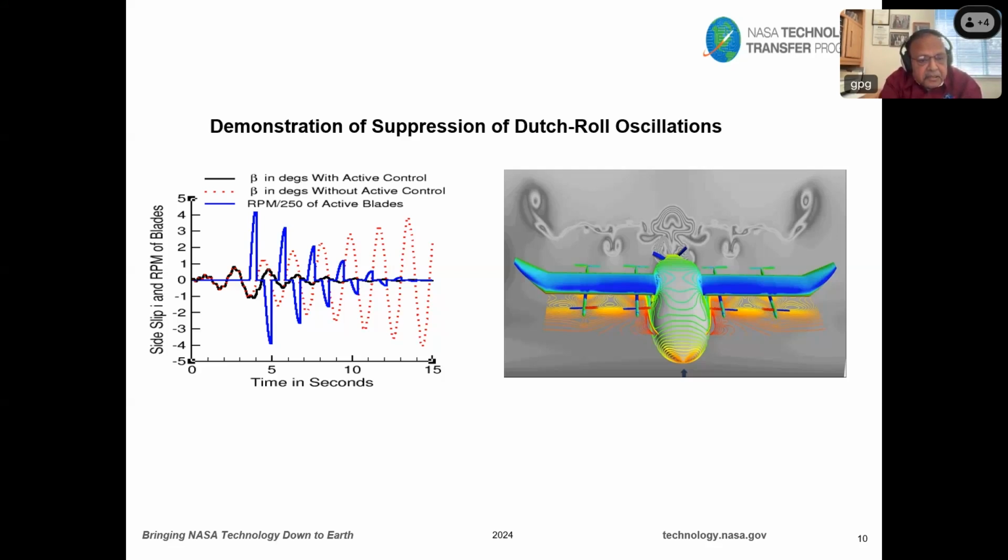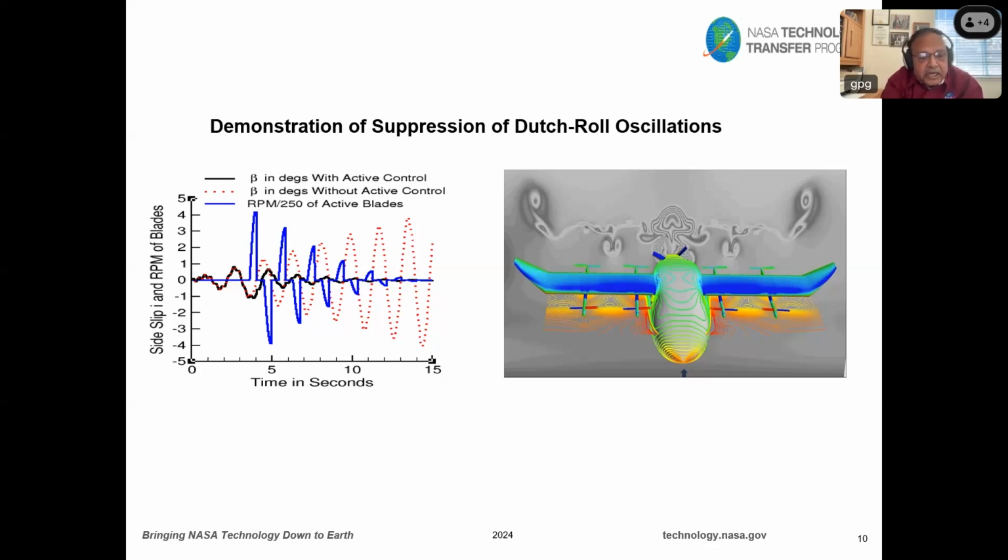But once the roll angle or yaw angle has reached some undesirable level, the control system can get activated. That means the propellers get activated, the ones that are supposed to be activated, that means the outboard propellers.